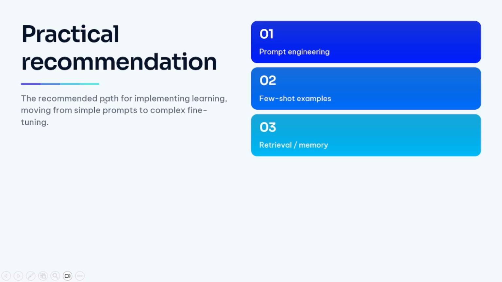So practical recommendation. The recommended path for implementing learning, moving from simple prompts to complex fine-tuning, is first, use prompt engineering. If prompt engineering doesn't work, use few-shot examples, and after few-shot examples, you should use retrieval memory. So first of all, this is the agentic AI engineering design pattern.